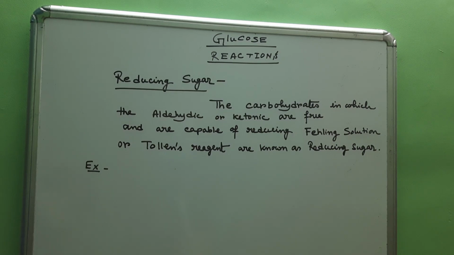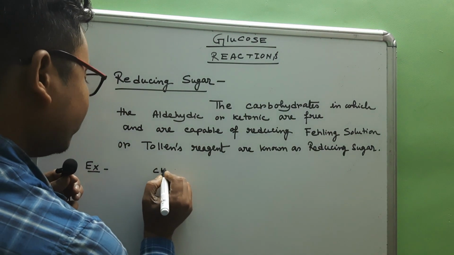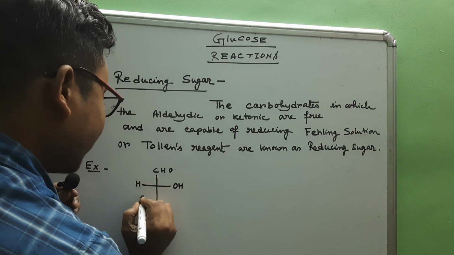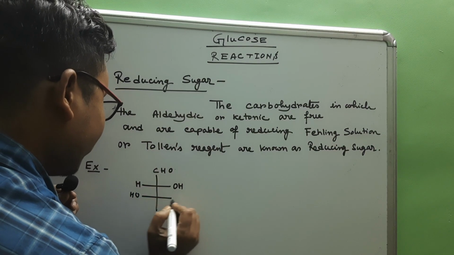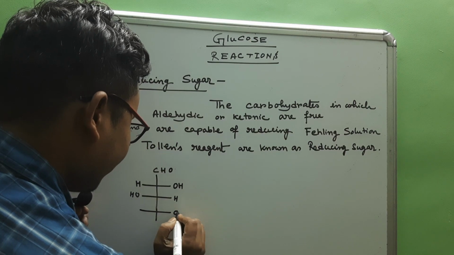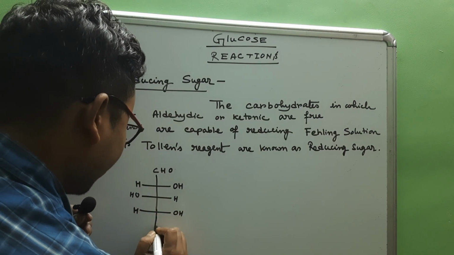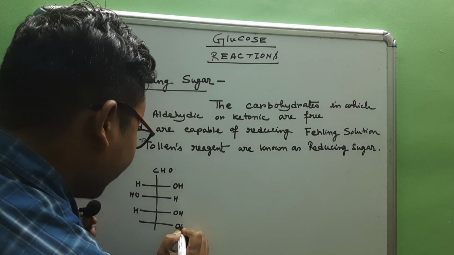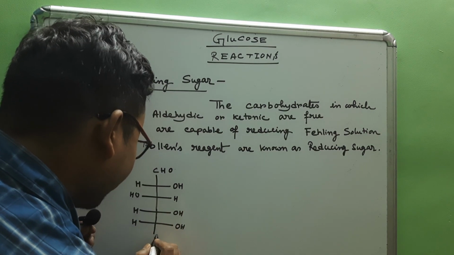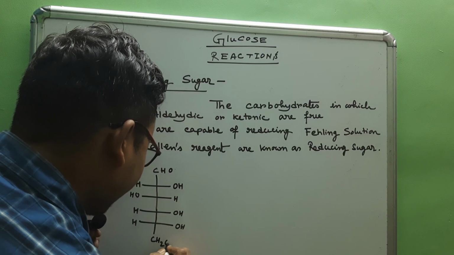So glucose is a reducing sugar. Glucose and fructose are also reducing sugars. This is the structure of glucose, we all know. Here OH, H, only one OH at the left. This is the third carbon, and the OH groups attached to the second, fourth, and fifth carbon atoms are on the right hand side.